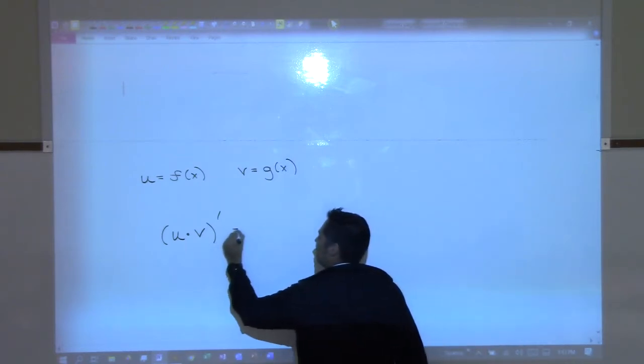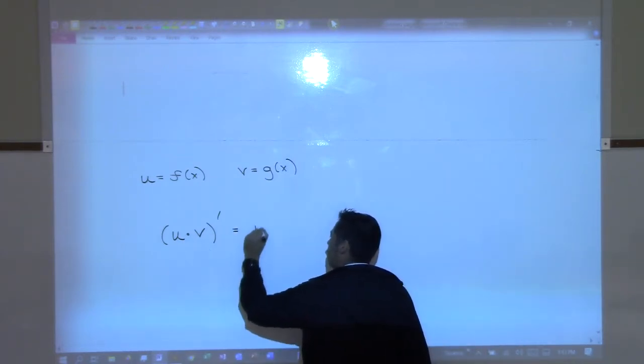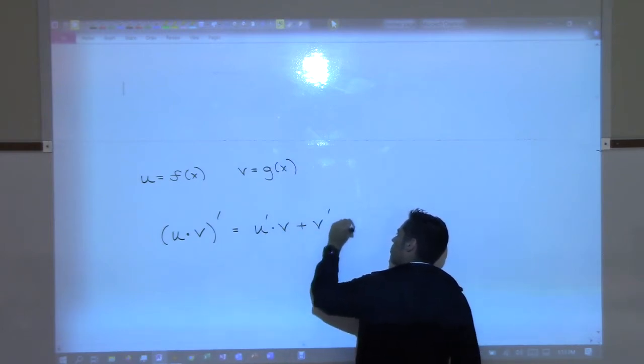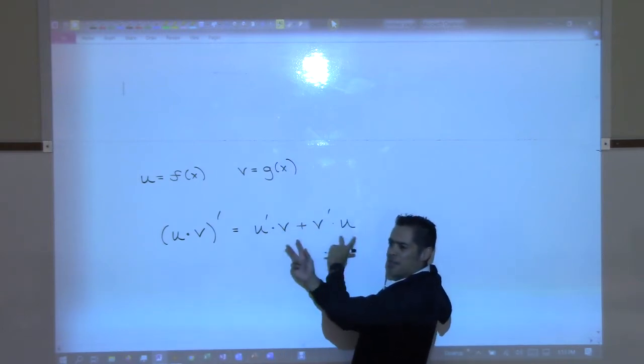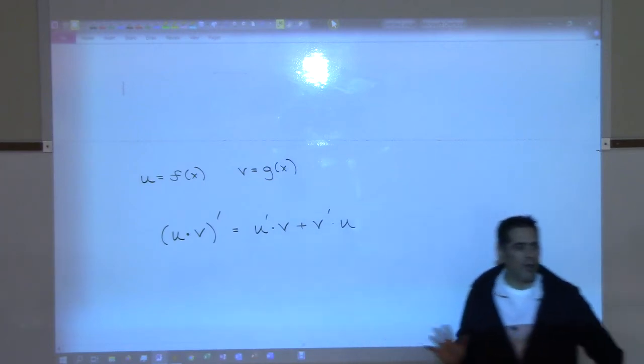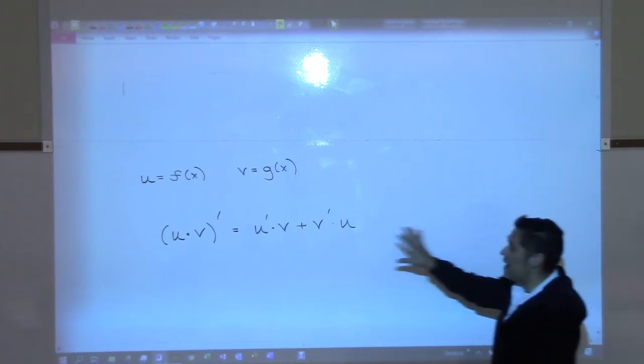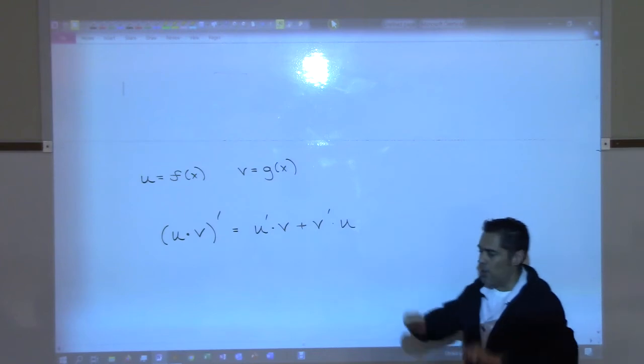So this is going to be the derivative of u times v plus the derivative of v times u. And we talked about how you might have learned this in a different order, but we all agreed that that's correct, right? So from this formula, we're actually going to create this thing called integration by parts.